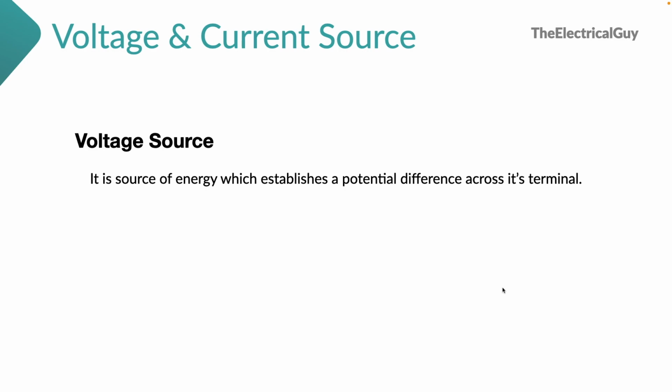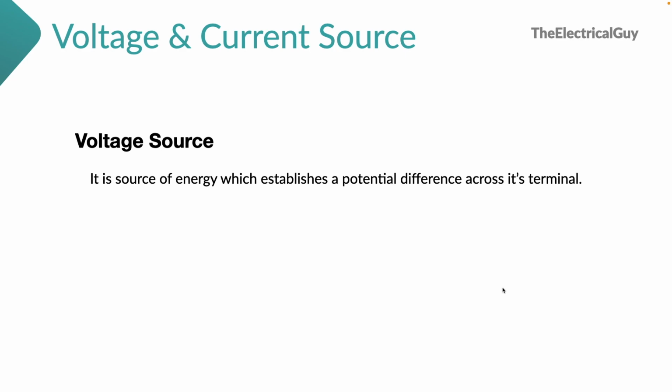So anything that can establish a potential difference across its terminal can be called a voltage source. The examples include a battery, a DC generator and an alternator. What they do is establish a potential difference across its terminal, and as a result electrons start moving, right? So battery, DC generator and alternator can be called voltage sources.